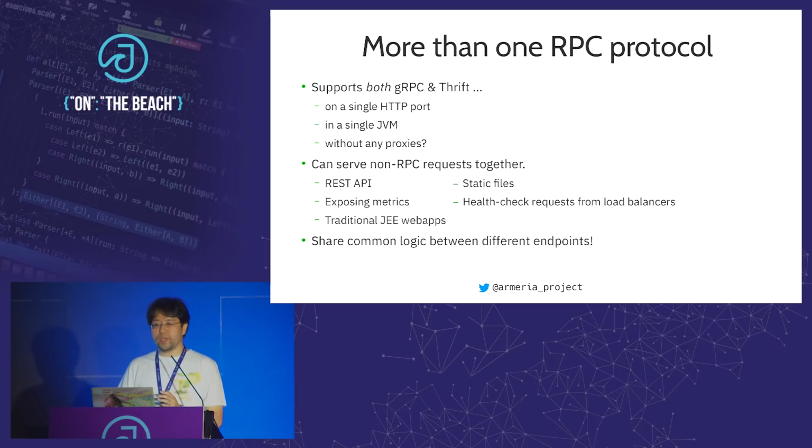And so Armeria can simplify your service configuration because you don't have to run any additional proxy servers, or launch additional JVMs, or open an additional TCP/IP port. And the migration between different service types is very easy because you can launch a legacy Tomcat application and your new gRPC service in the same virtual machine and gradually migrate from Tomcat to gRPC and then remove Tomcat. It's very easy.